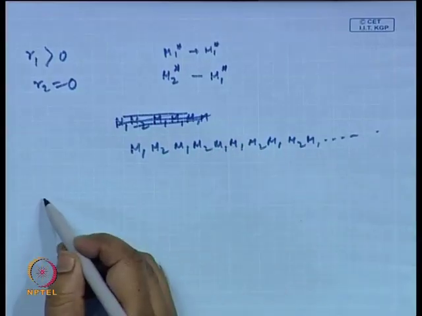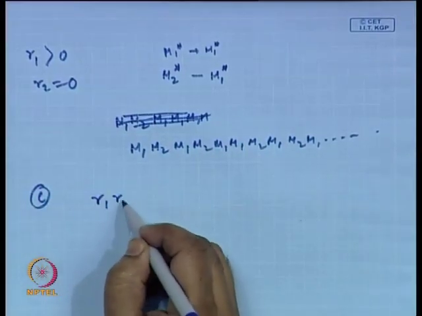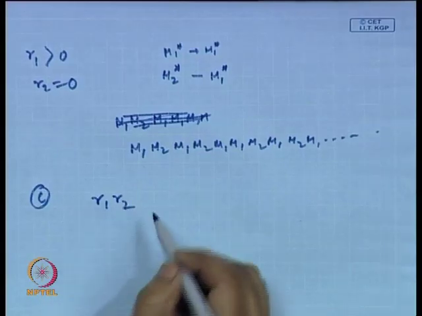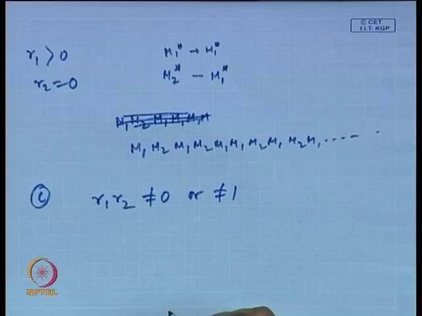Now, there is a third case where R1 and R2 are not equal to 0 or not equal to 1.